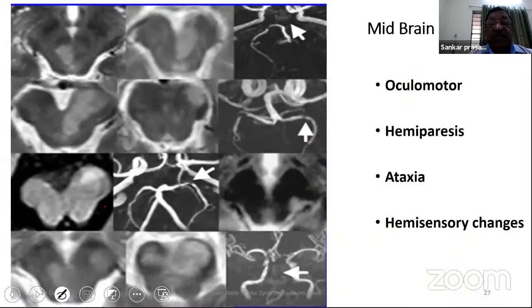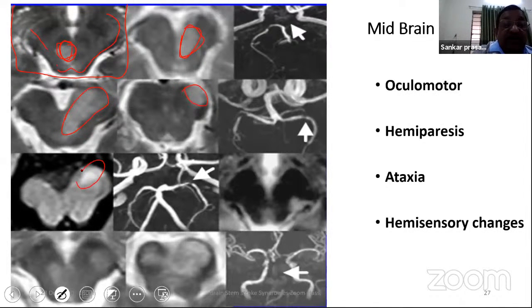Similarly, if we go into the midbrain various areas, these are all the various cuts of midbrain at various levels in the MRI, and this is particularly the midbrain area, and this white is the abnormal infarcted area, because of the blockage of the vessel in various parts of the midbrain and the small areas which you have seen already.